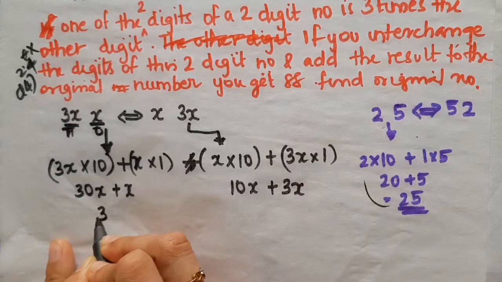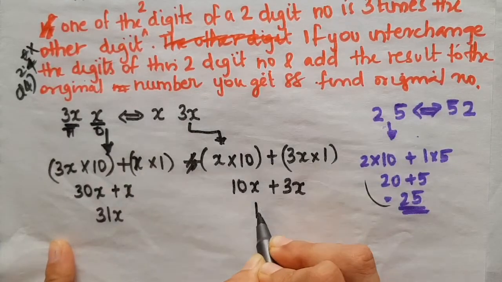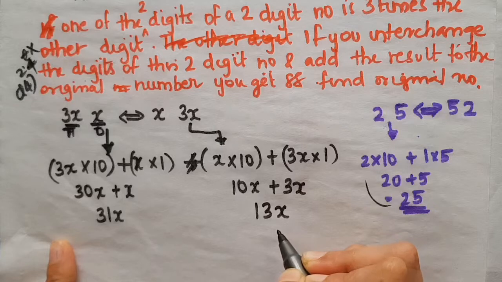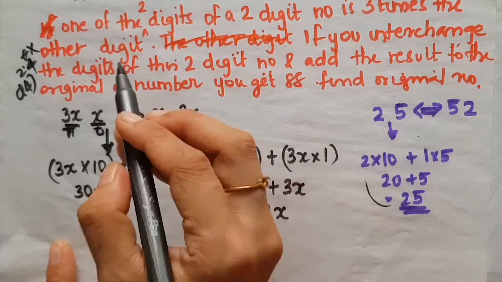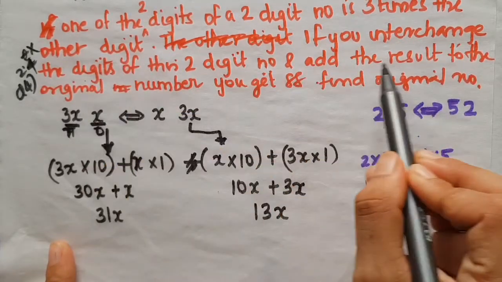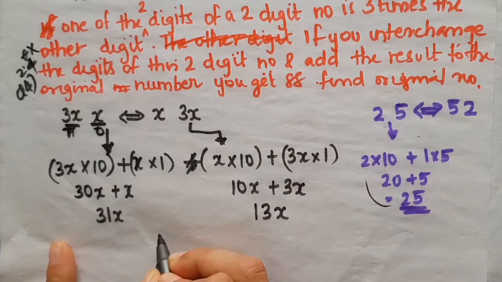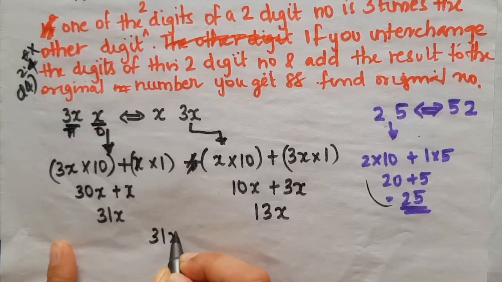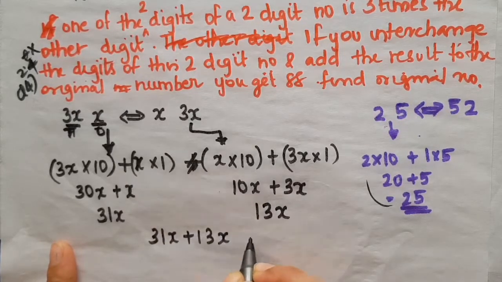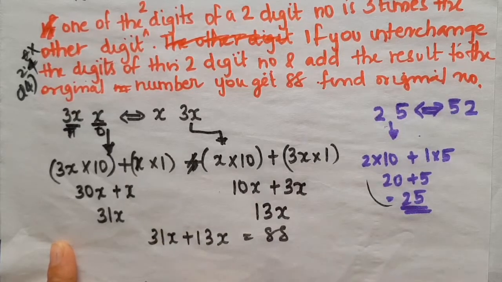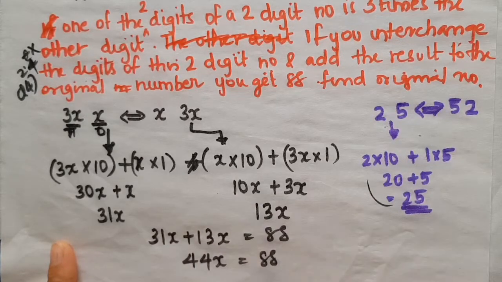So this is 31x and this is 13x. According to the question, add the result to the original number, you get 88. So we add them up: 31x plus 13x is equal to 88. So you will get 44x is equal to 88.